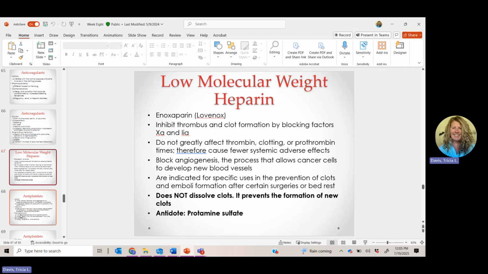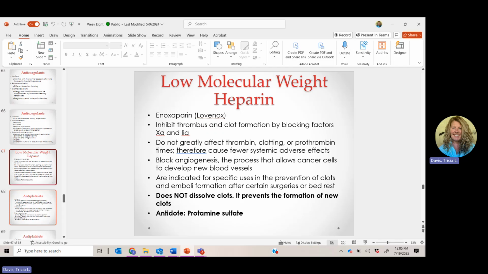So, low molecular weight heparin, which is Lovenox, is indicated for use in the prevention of clots or emboli after certain surgeries or on bed rest. So if patients have had surgery or they are on bed rest, we're worried about them developing a blood clot, so we're going to give them this medication. This medication does not dissolve clots that they already have.